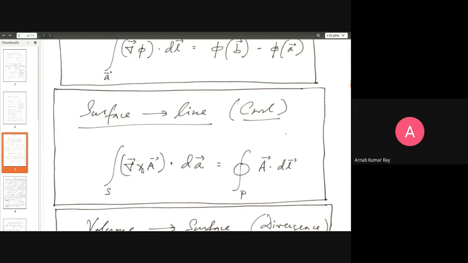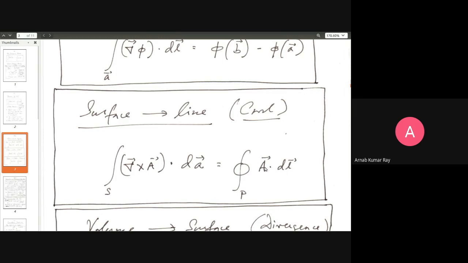So the surface integral of the curl of the A vector will collapse to the value of the vector all around the perimeter, A dot dl. What is A dot dl? You have gathered the value of the vector A dot dl over the full closed loop.